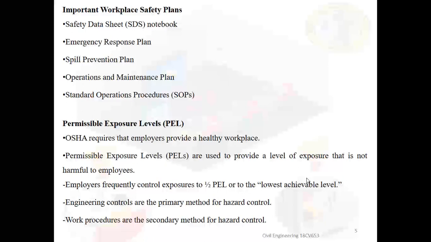So we should have a proper plan, an emergency response plan, and a plan for spillage also. Spill prevention means we have to take care that the chemicals are not spilled anywhere or everywhere.